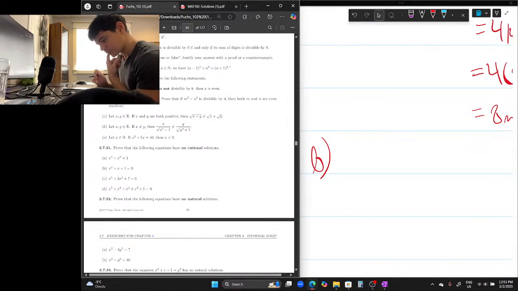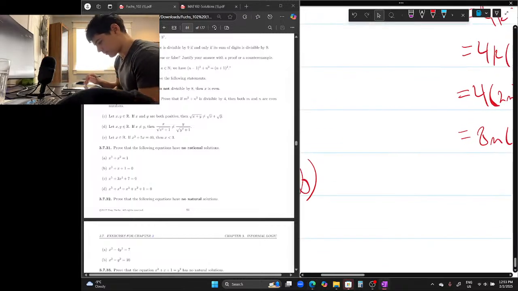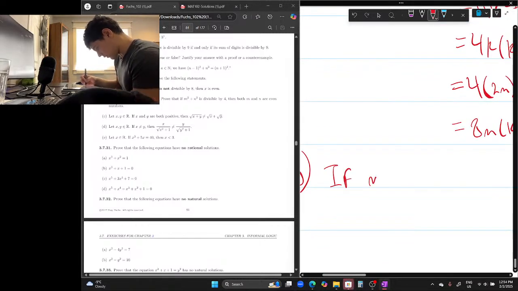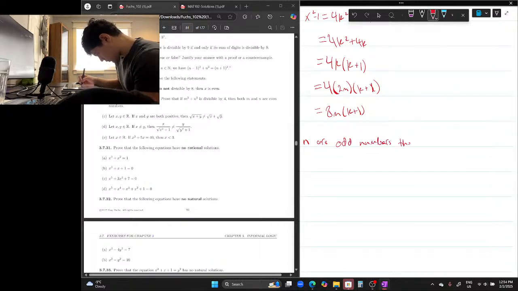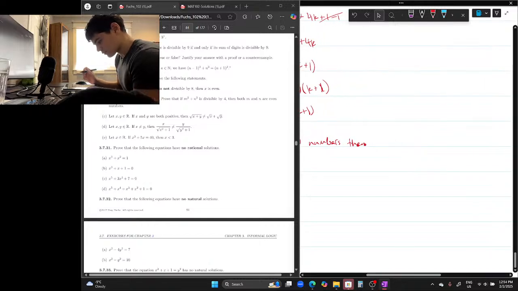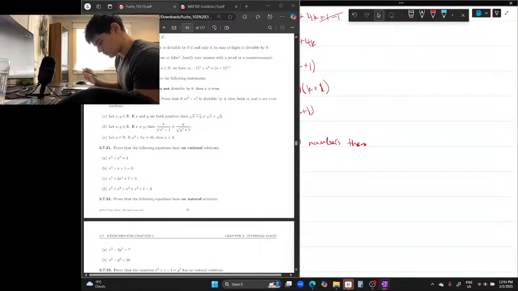30b. Let m and n be two integers. Prove that if m squared plus n squared is divisible by 4, then both m and n are even. So, if m and n are odd numbers, then it is not divisible by 4.